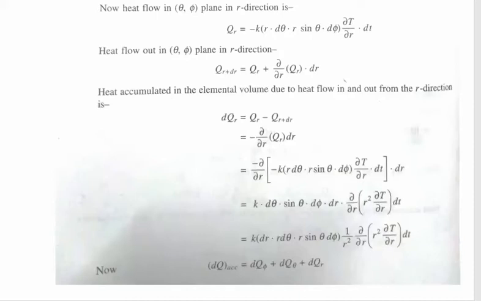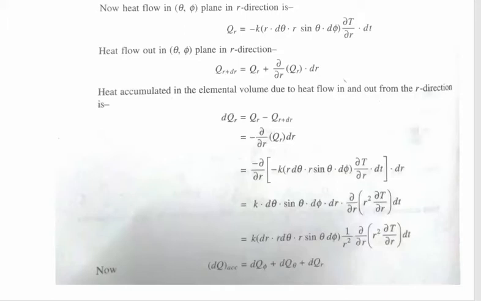Now the heat flow in the theta and phi plane in the direction of r, that equation will be qr equal to minus k into r dθ into r sine theta dφ ∂T/∂r.